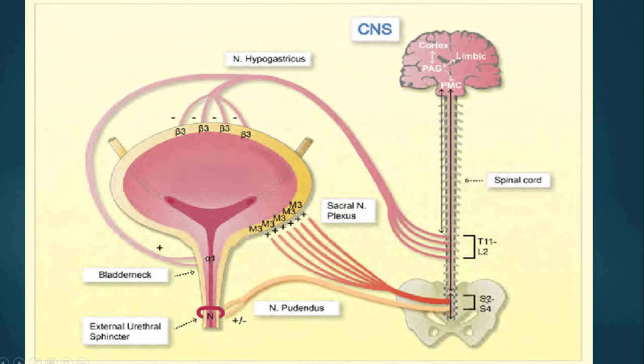Parasympathetic supply is from S2 to S4. On the wall the receptors are M3. Here they cause contraction of the bladder and they release acetylcholine which acts on the muscarinic receptor and contracts the bladder. And the pudendal nerve has somatic supply, both positive and negative response.